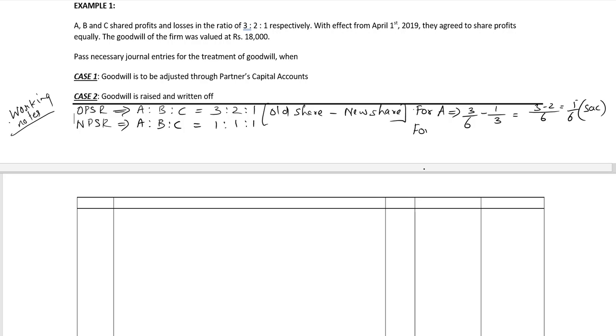For B, it's 2/6 minus 1/3, no gain or sacrifice by B. And for C, 1/6 minus 1/3, a negative 1/6, therefore C gains.